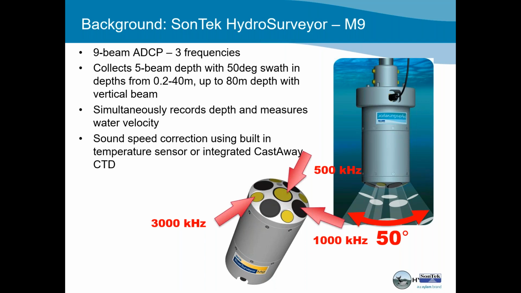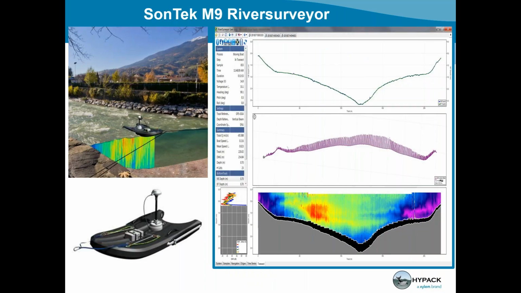When we use the M9 to measure discharge or flow rate in rivers, we refer to that as the M9 River Surveyor. When we do that measurement, we use a software called River Surveyor Live, which is a SonTek developed software. Essentially, the ADCP is determining its position, the depth, profiling the velocity, and moving across the river to then compute the discharge or flow rate of that river.